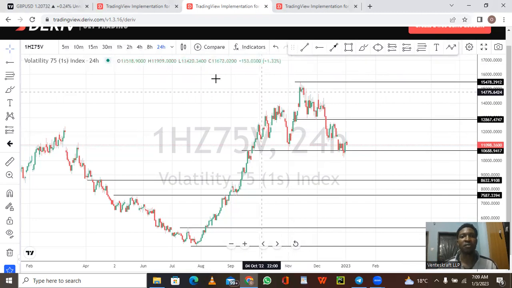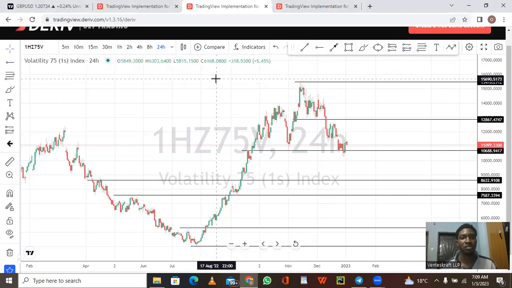So we have the 4 hour time frame, the 8 hours, the daily time frame, and the weekly time frame. Me personally, when I want to look at the higher time frame, the time frames I majorly use for my analysis are the daily time frame, the 4 hour time frame, and sometimes the 8 hour time frame.